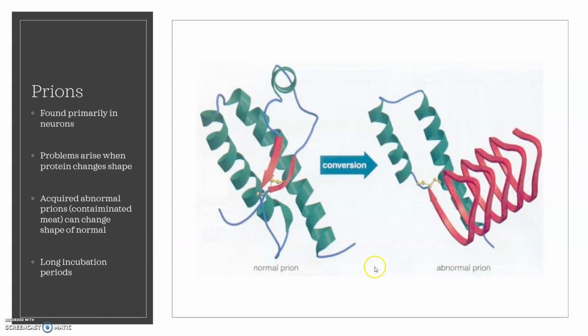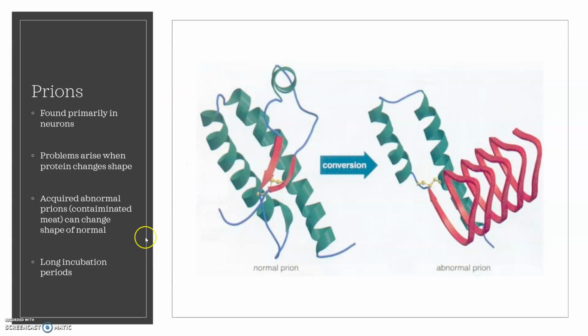If you acquire it, there's not a whole lot of studies on this, but the general thought right now is if you ingest this abnormal protein, it can have the ability to attach to the normal protein and change its shape. So as you're producing this protein, you have these abnormal ones that attach and change it, and then the next one, you still have more being made, and then this new abnormal one will attach to a new one, and so on and so forth.